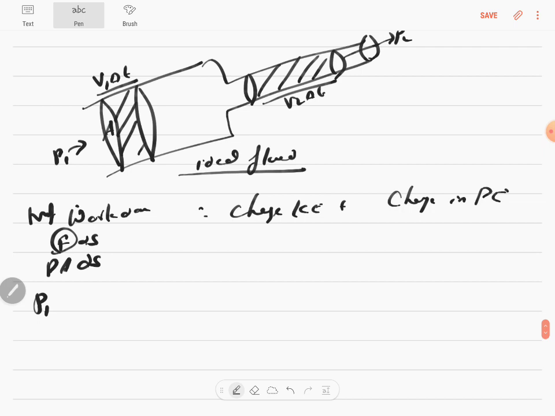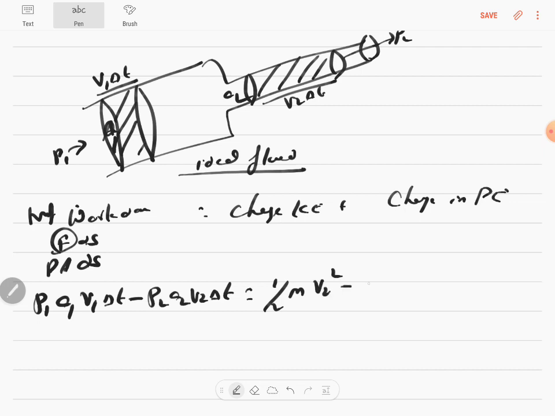Let the left hand side pressure be P1 and the area A1, and the area on the right be A2, not capital A. The distance through which it has moved is V1 into delta T. The net work done is the pressure on the left side times area times distance, P1 A1 V1 delta T, minus P2 A2 V2 delta T. This is equal to the change in kinetic energy, half m V2 square minus half m V1 square, plus the change in potential energy.